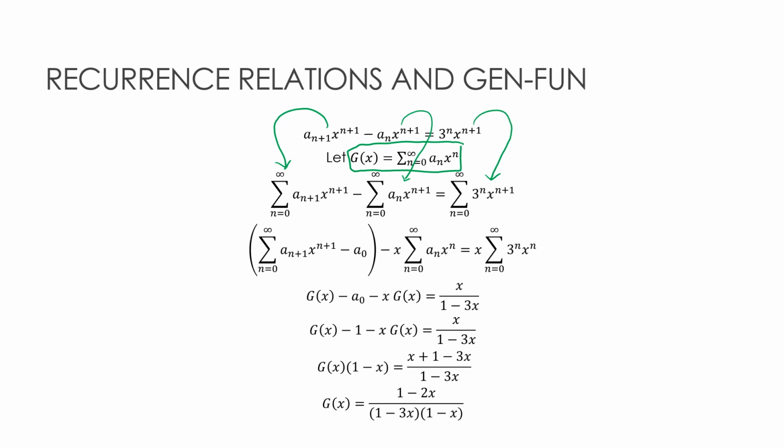Well, just as we did last time, we've got the n plus 1 here, so we're just 1 off. So just as I did before, I'm going to subtract a 0. So by doing that, I essentially have g of x, and I'm subtracting a 0 from it.